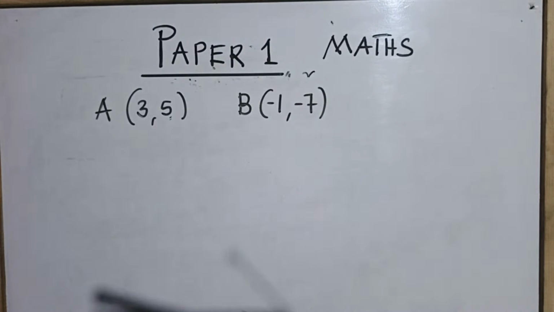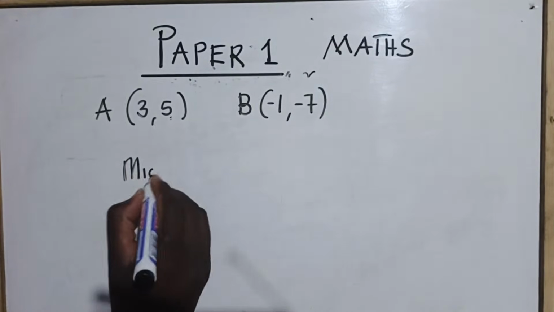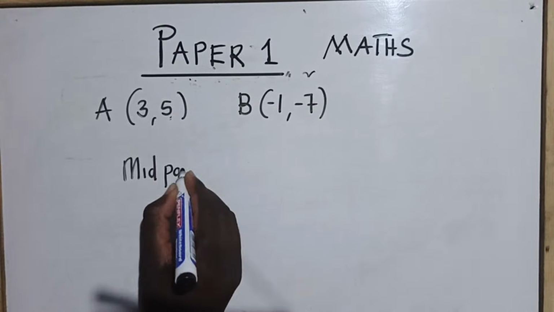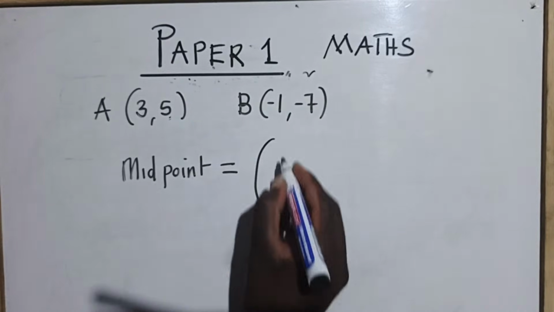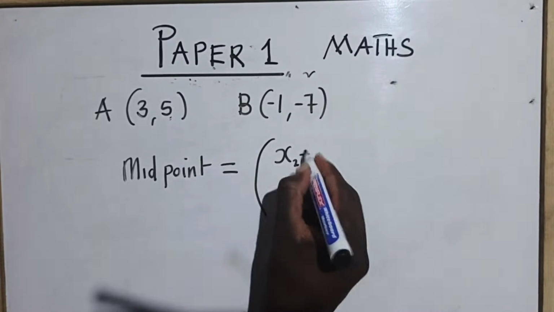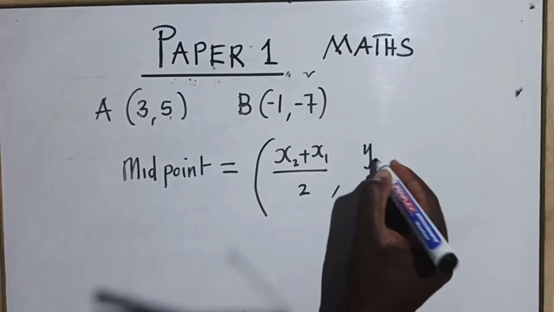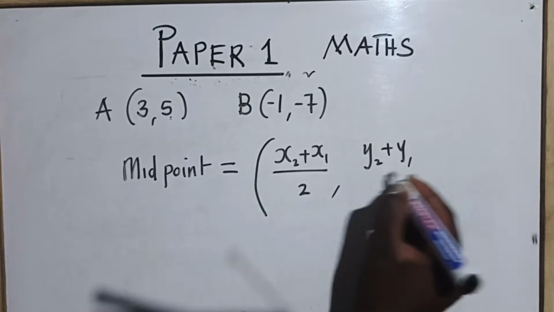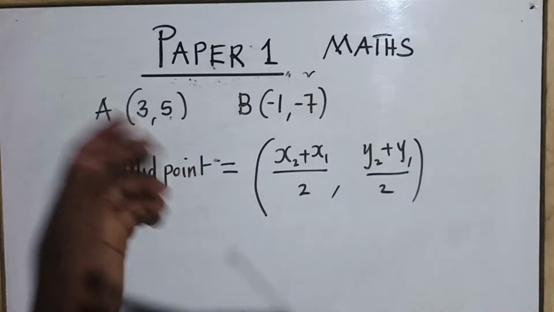What we're going to do here is just to say midpoint, that's a formula, is equal to, open bracket, x2 plus x1 over 2, y2 plus y1 over 2. So that's the formula we have.